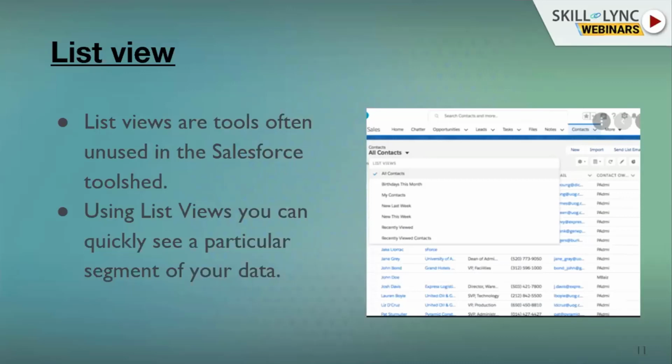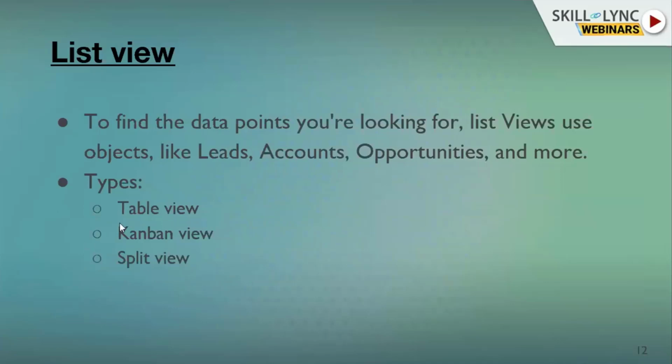And the next one is Kanban view, meaning based on your requirement, you can categorize the data in Kanban view. Suppose you have opportunity stages, like now it's negotiating, now we are preparing this opportunity, now this is closed won, this is closed lost.